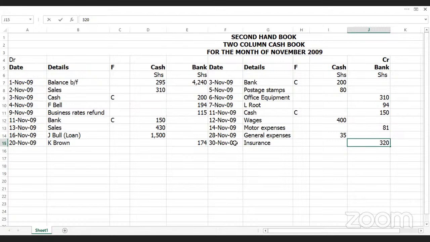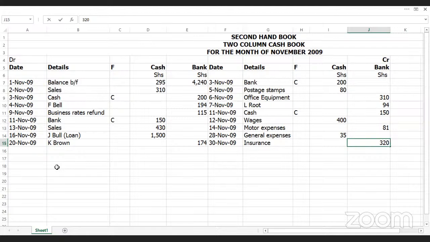So now what we have to do is balance up this cash book. How do we balance up? We have to insert the balancing figure on the smaller side. So we total up the cash and the bank columns on the debit, and also on the credit.